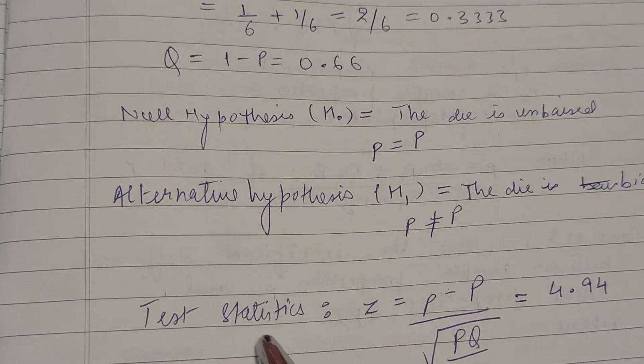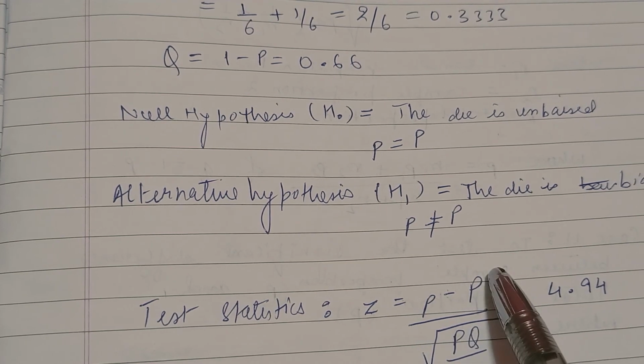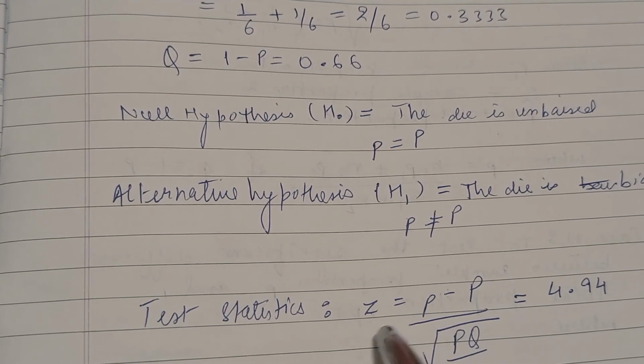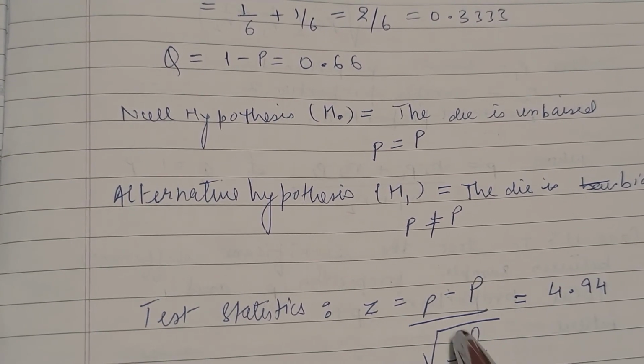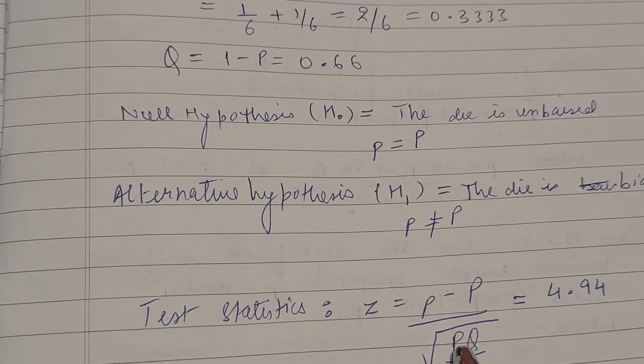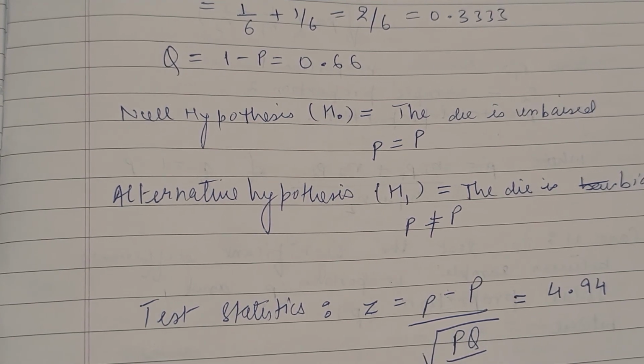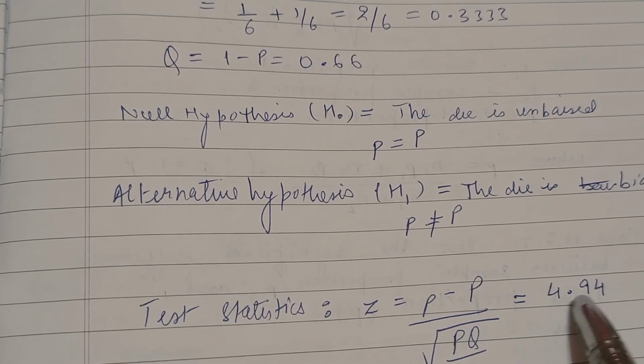Then the test statistic is Z equals small p, the sample proportion, minus capital P, the population proportion, divided by the square root of capital P into capital Q divided by small n, the size of the sample. When you put in all the values, you will get 4.94.